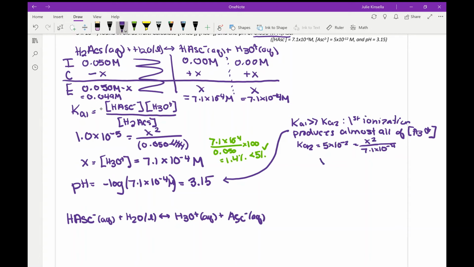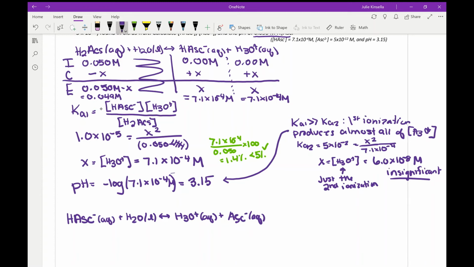And when you get that, the x, which is the concentration of hydronium from just the second ionization, is equal to 6.0 times 10 to the negative 8. Okay, this is insignificant. If you actually plug in and add this concentration of hydronium to the concentration of hydronium from the first ionization, you'll end up at the exact same, I think it's 3.148. So you get the same pH value.